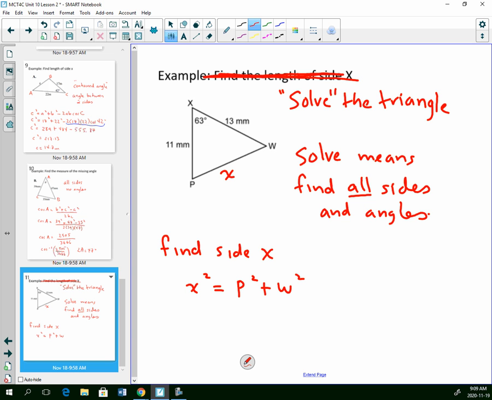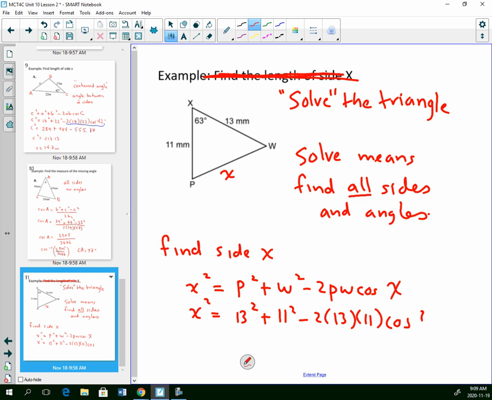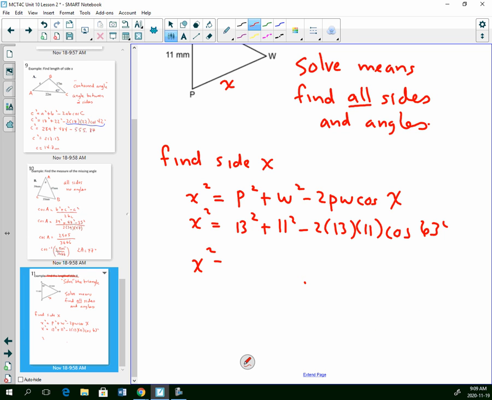The other two sides are P and W, and we'll fill in what we know: 13, 11, and the angle is 63. So 169, 121, and this works out to be 129.84.